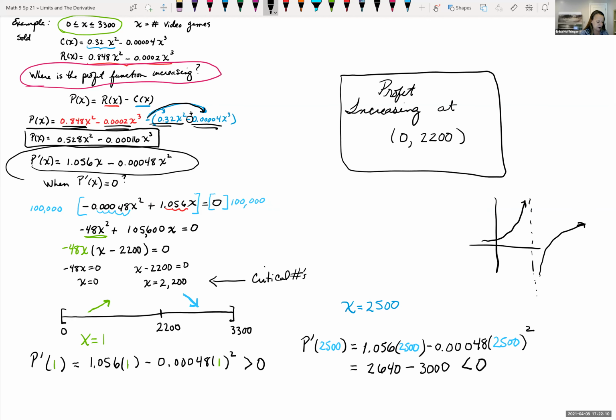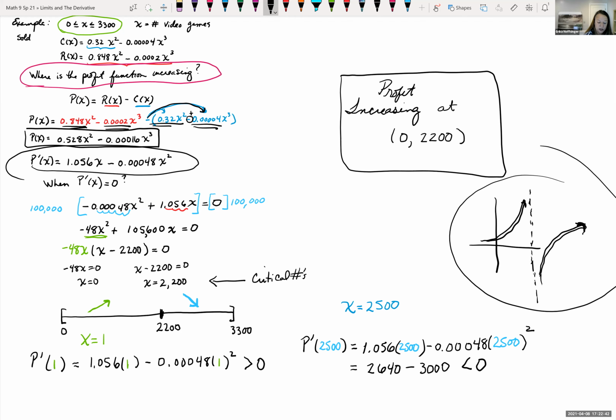Okay, so there was just a great question about what we would have done if this was increasing after 2,200 also. My response to the class was that if 2,200 was in the domain, then we could just say it's from 0 to 3,300. But there are times where our critical numbers are where it's undefined, so we might have an asymptote there, like in this picture where something is increasing, and then after the asymptote also increasing.